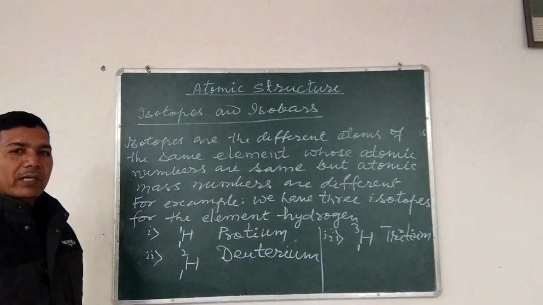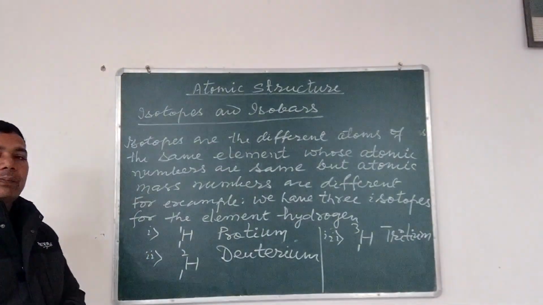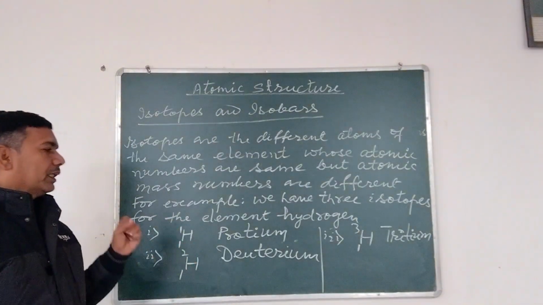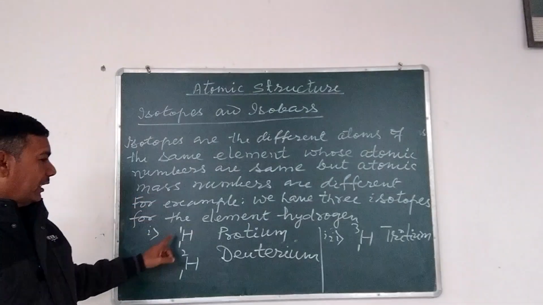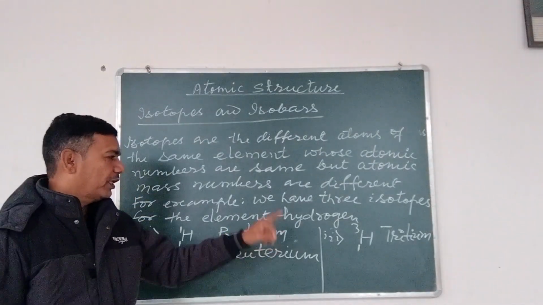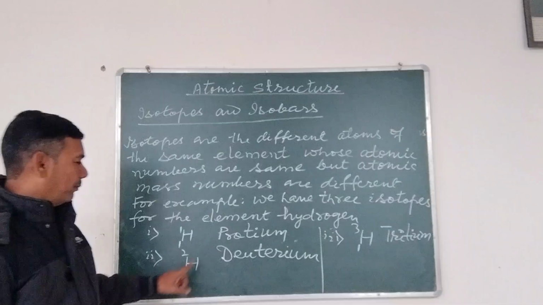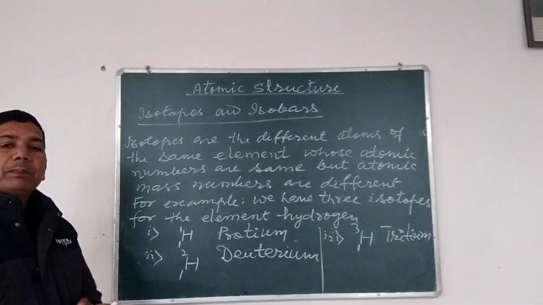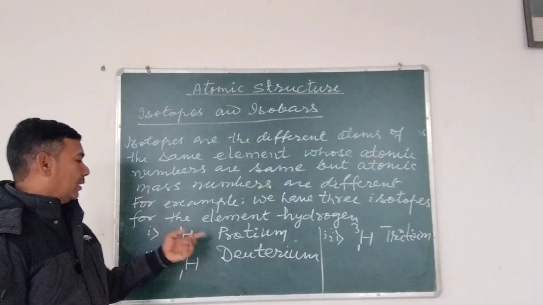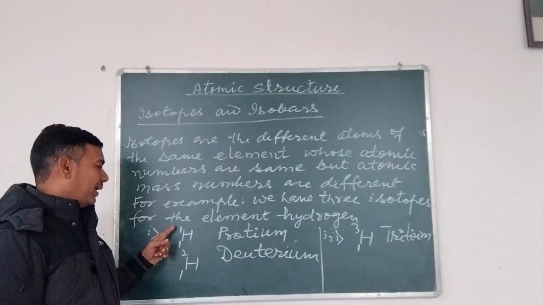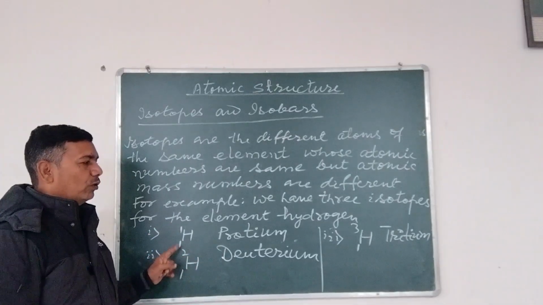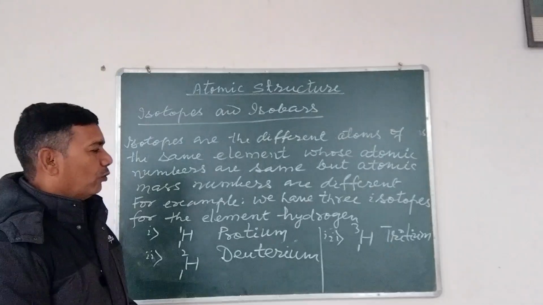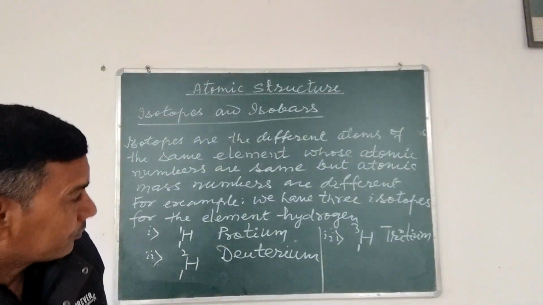It means we have three isotopes of hydrogen: protium, deuterium and tritium. We can see that all the protium, deuterium and tritium have atomic number 1, but they have different atomic mass number. Protium has atomic mass number 1, deuterium has atomic mass number 2 and tritium has atomic mass number 3.